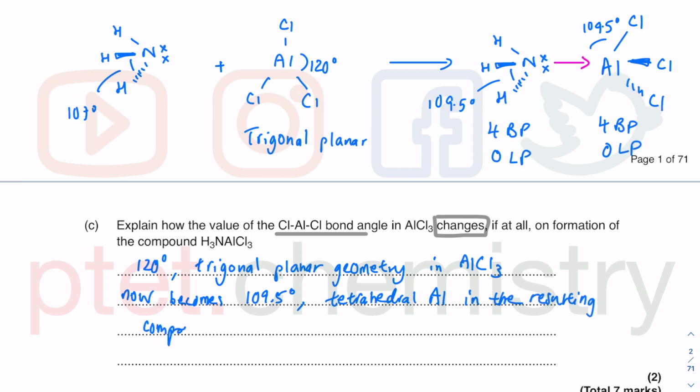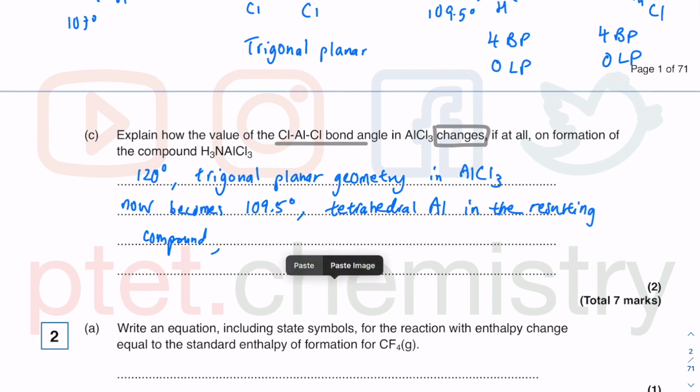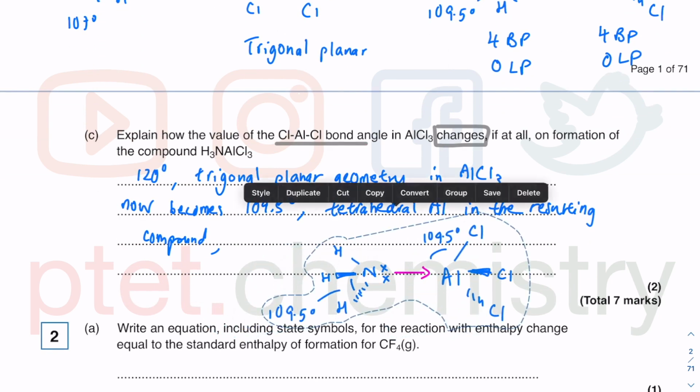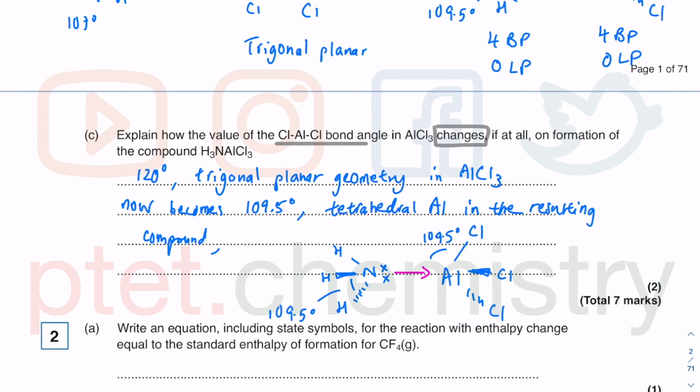Now you have 4 bond pairs and 0 lone pairs. So if I just show that diagram there, now aluminium has... Okay, in hindsight, that's probably not a good thing to copy there.